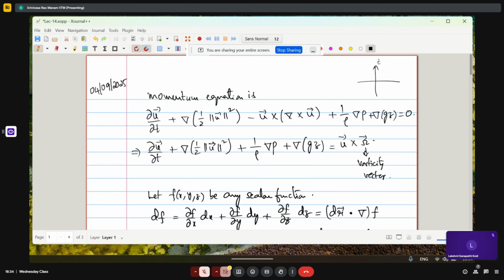Minus GZ. That's the force, right? Gradient of minus GZ. So that is the G. G is the force, right? Gravitational force. The external force is by the gravitation, gradient of minus GZ.